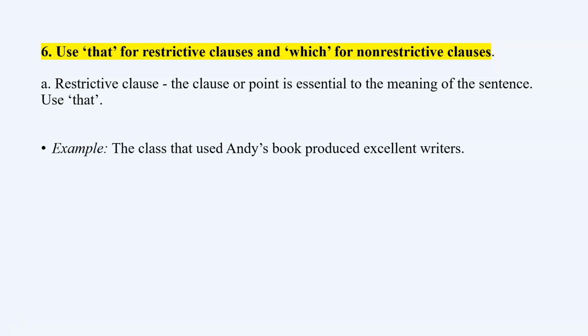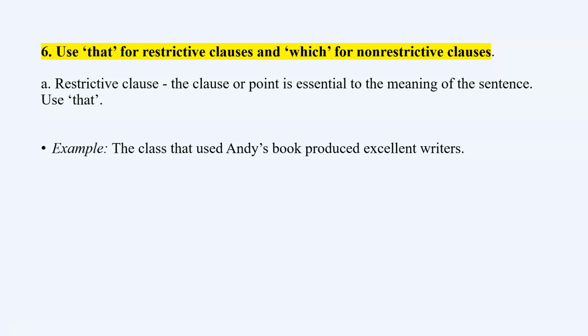A restrictive clause is one in which the clause or the point is essential to the meaning of the sentence. We use that in these instances, all right? The class that used Andy's book produced excellent writers. Now, the sentence indicates that there was a class that used Andy's book. There was also a class, at least one other, that did not.